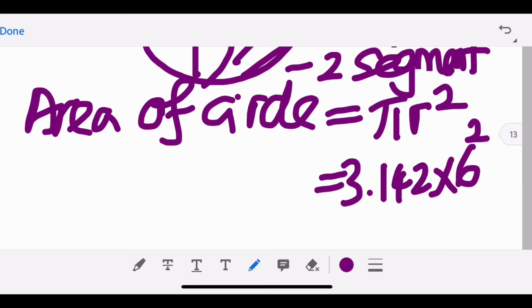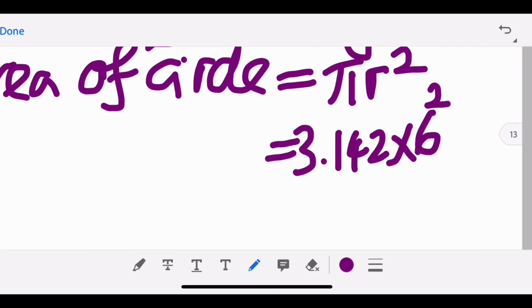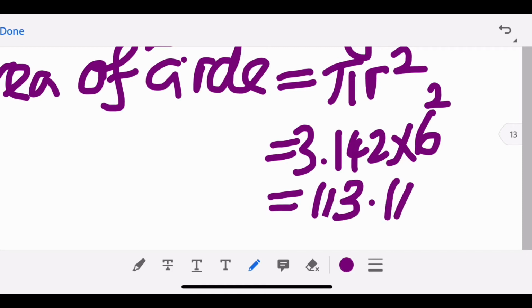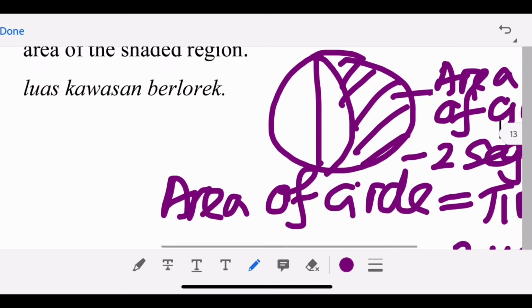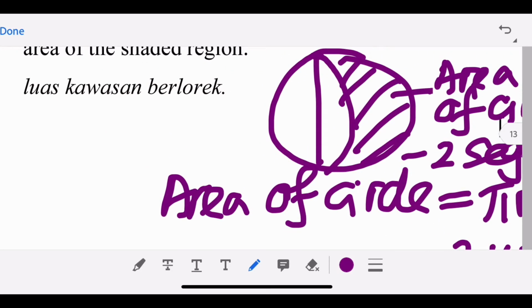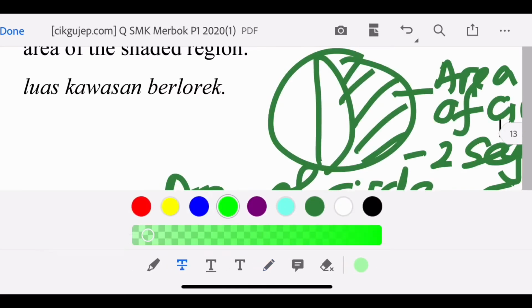Please write your answer in four significant figures at least. I think the best is you just round off first, because this is not the final answer yet. So we will stick to 113.112. This is the area for one circle.